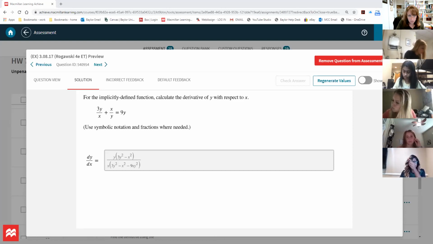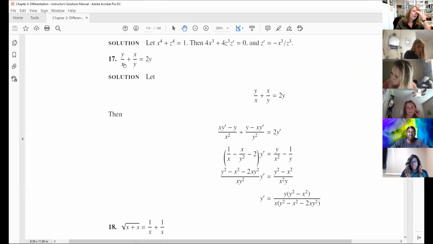Okay. In this particular example, we have y over x plus x over y equals 2y. Obviously, if you have a coefficient, well, you can deal with the coefficient. It works the same. Okay, so basically you're doing two quotient rules here.